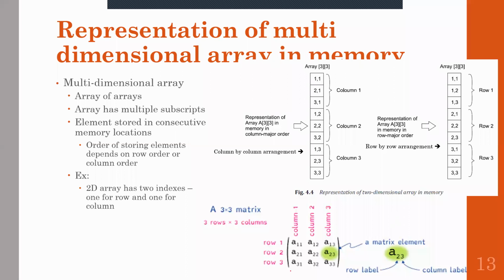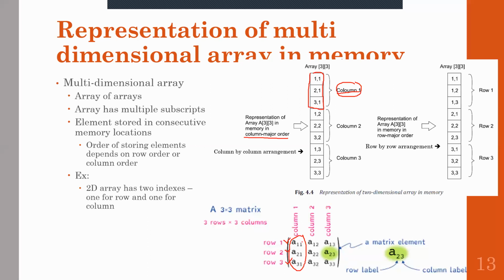Once we have this, if I look at column major order, we select the column and store the elements. Here we can observe that first column elements are selected. You store the first element in the column, second element in the column, third element in the column.